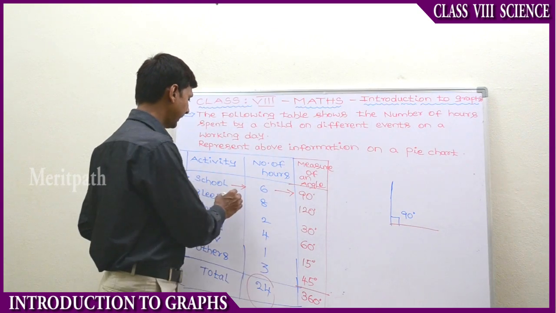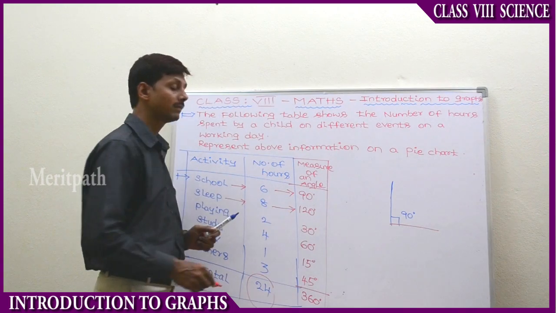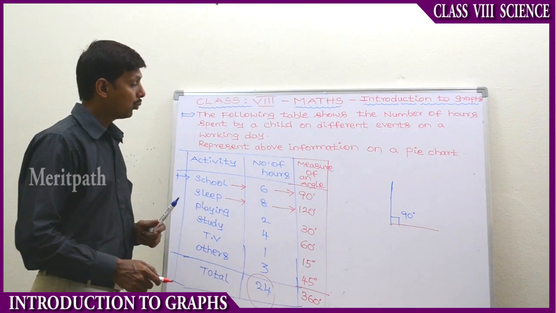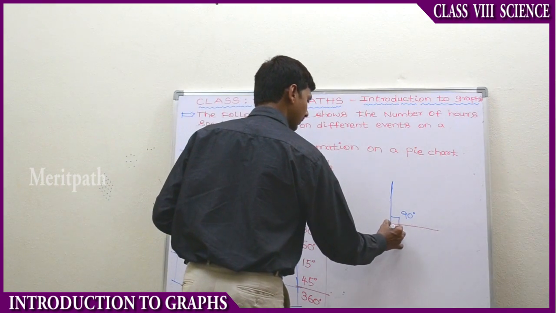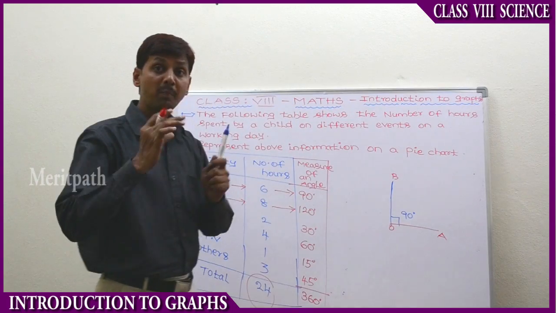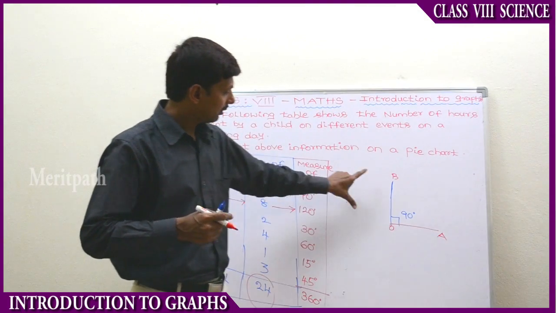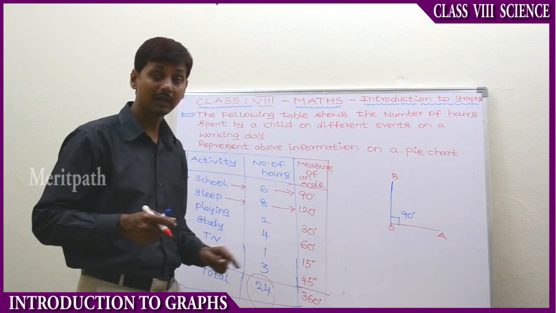The second one is for sleeping. He is spending 8 hours, which is 120 degrees. This is OA and B. Let's take OB as a base, and we need to construct 120 degrees.